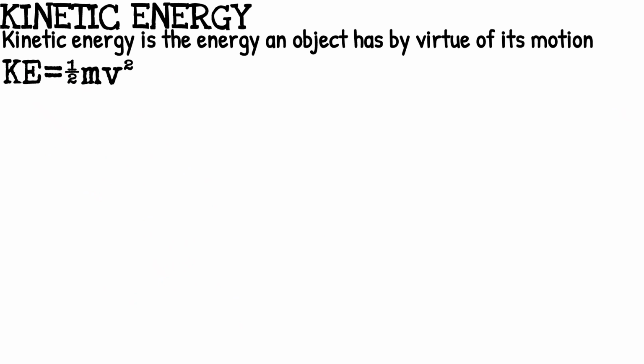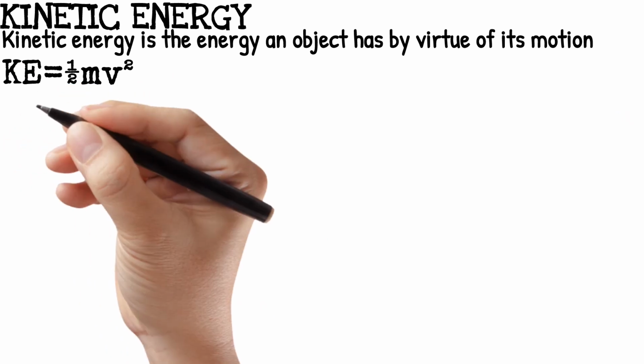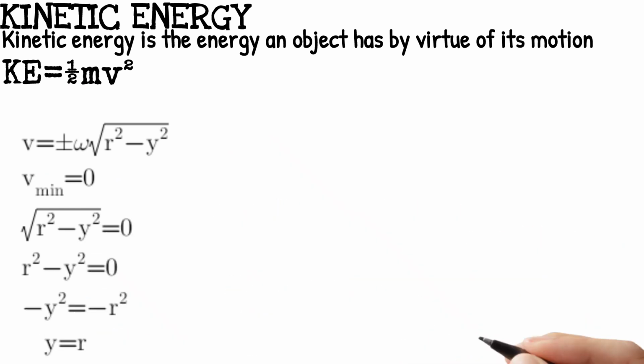So now the issue is, where do we have minimum velocity? Where do we have maximum velocity? We can figure that out from our velocity formula. Our velocity formula says plus or minus omega square root of r square minus y square. The issue with this formula is on the square root part.